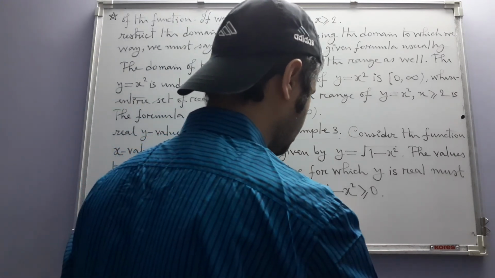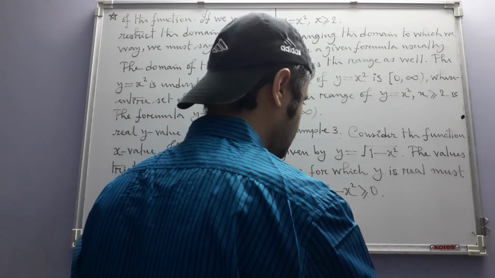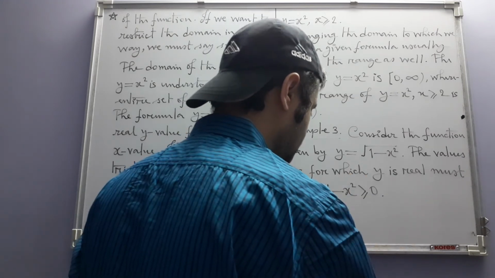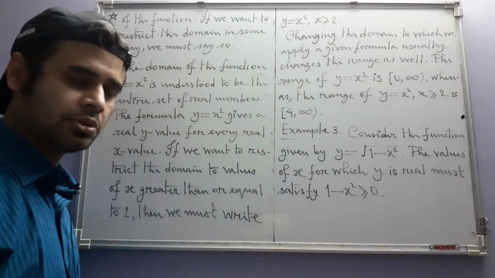It will become a non-real complex number. So we require 1 minus x square to be non-negative.